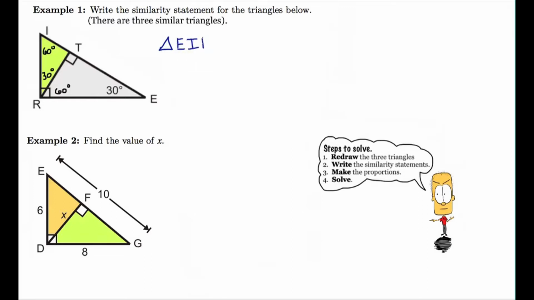Triangle EIR, that's the big triangle, is going to be similar to, let's find the 30-degree first, RIT, that's the small triangle, it just made blue for a second, is going to be similar to this gray triangle, ERT. So remember that the angles of similar triangles are congruent and all the corresponding sides are proportional.